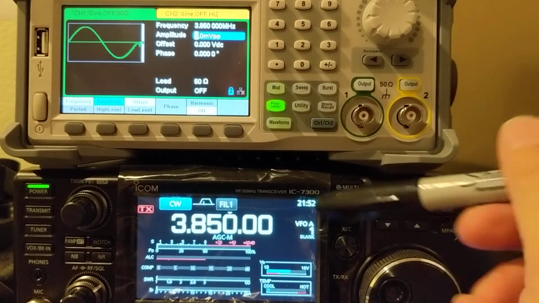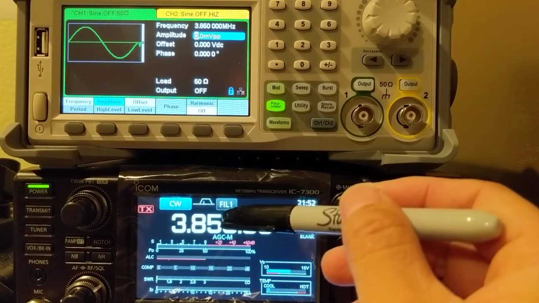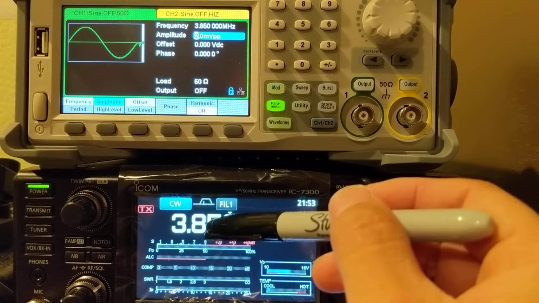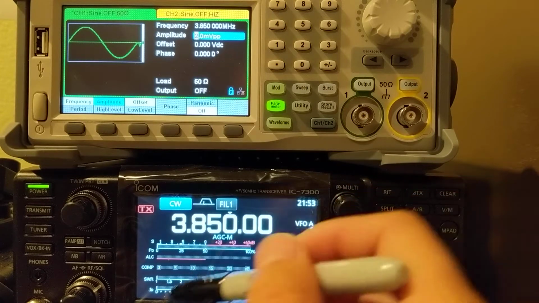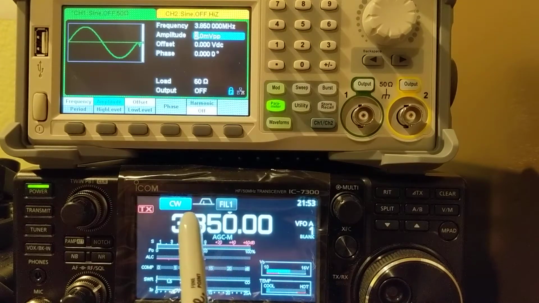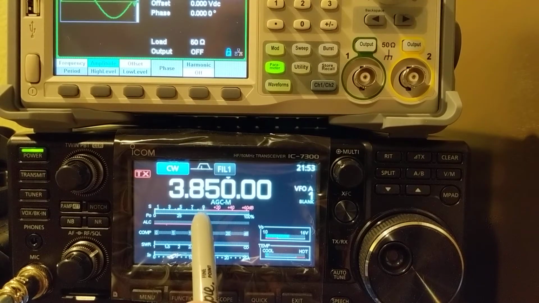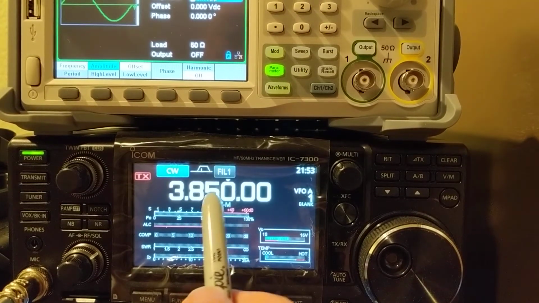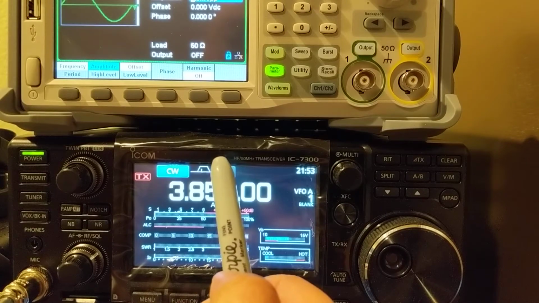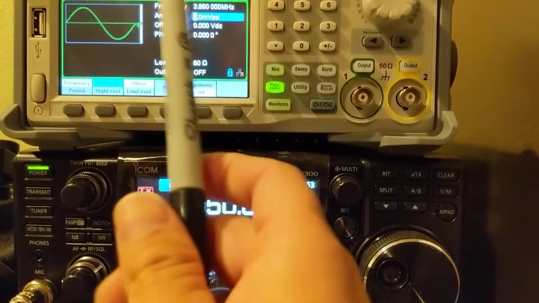The spec says that if the input power is -73 dBm, then the S meter should show S9. So S9 is -73. That's what the spec says, and so I want to check the sensitivity of my radio.